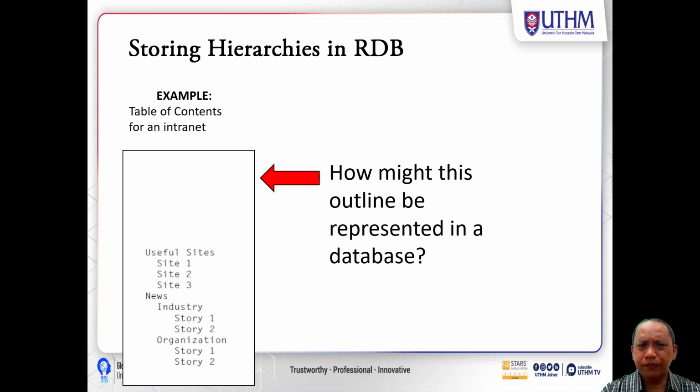This is the example of how this outline might be represented in the database: useful site, site 1, site 2, site 3, news, industry, story 1, story 2, organization, and so on. It shows how the back end of the CMS relates to what we can view in the website.